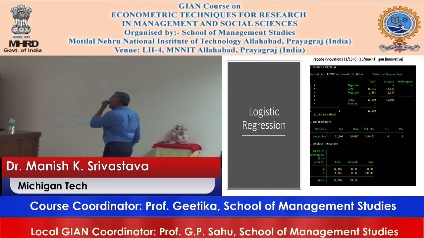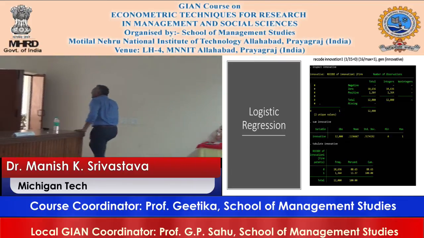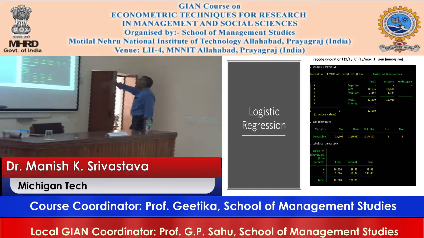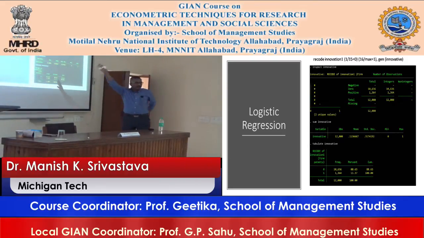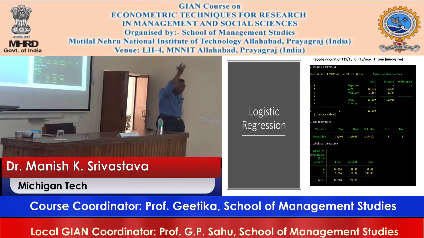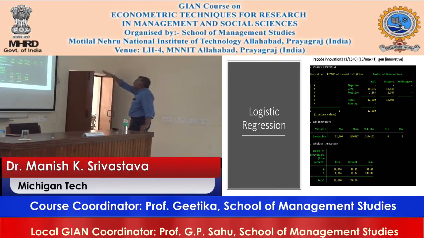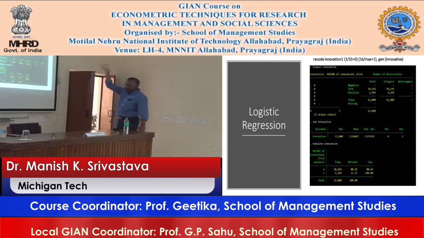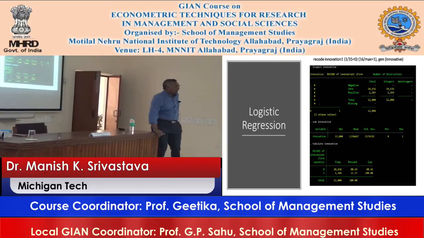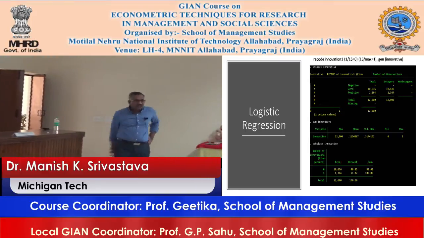So I created a new one, recoded. If from 1 to 15, I call it 0. And if it was more than 15, from 16 to whatever the maximum value was, it became 1. And I just gave a name to that.